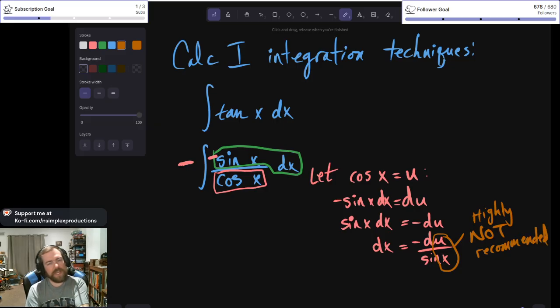Now, I understand that if you were to do this in this particular case, it would actually introduce the negative, introduce the du, and it would divide out your sine of x's in both places. So everybody's happy, everybody's fine.